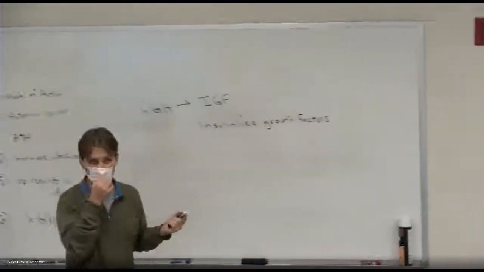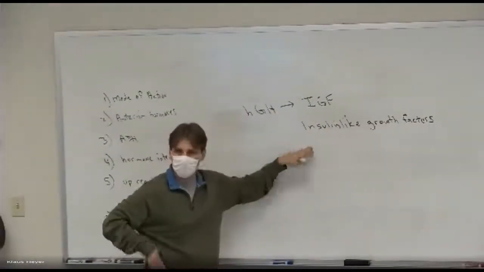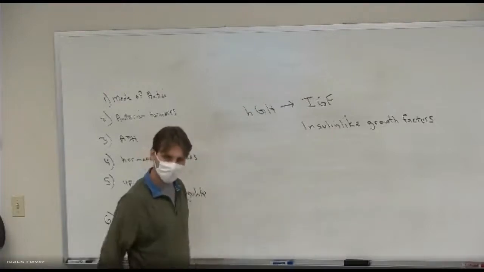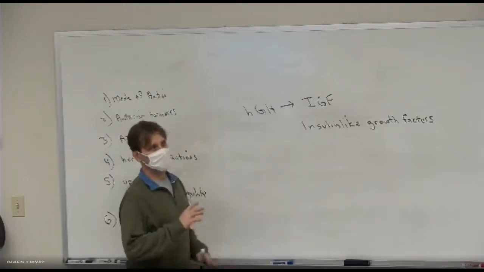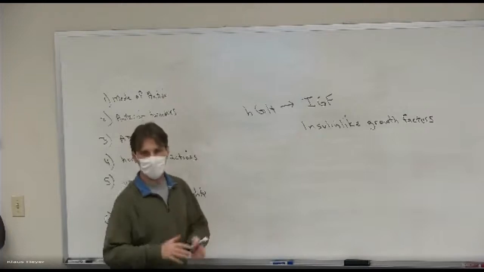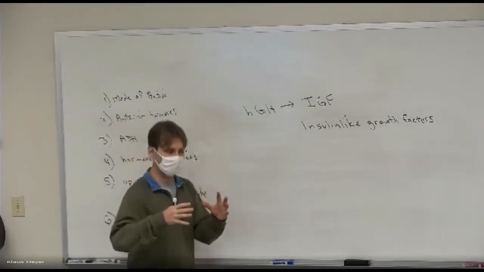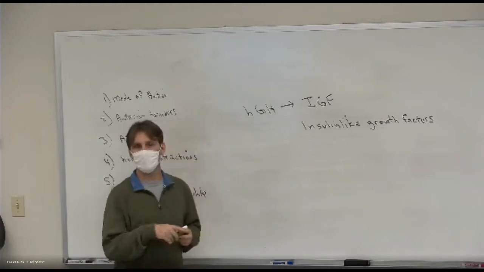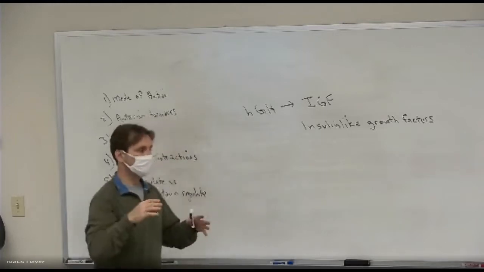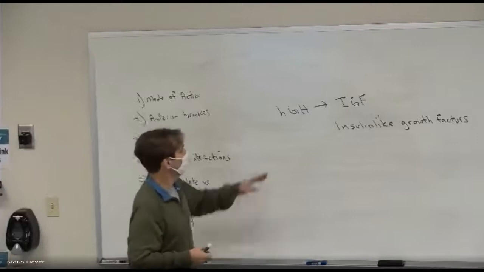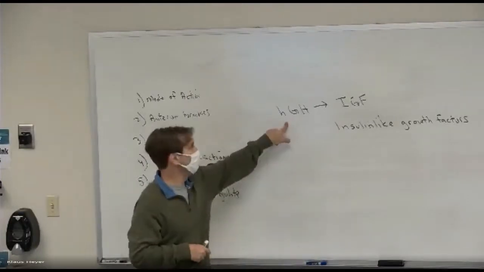And you're looking at it, you're like, man, it's got the word insulin in it. So is insulin also tied into all of this? Yeah, it is, but we're not talking about that. Lots of hormones are all interacting with each other, right? This is about growth, human growth hormone.